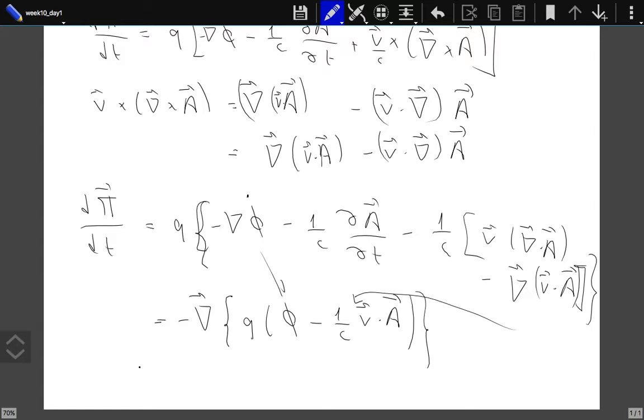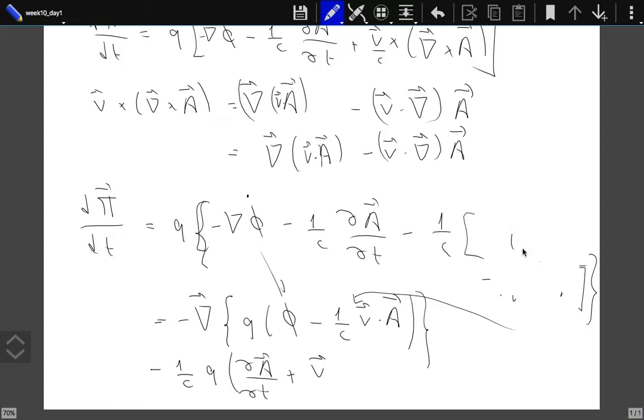Then I have other terms, which are minus 1 over C Q times dA by dt plus V dot V times, sorry, what did I do? This is V dot the gradient. Okay, let me rewrite this.